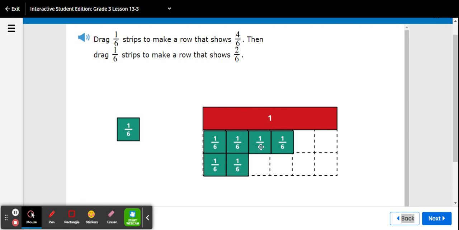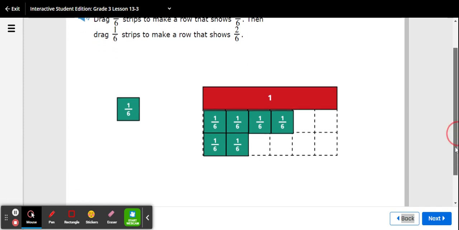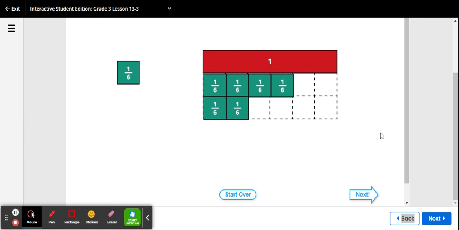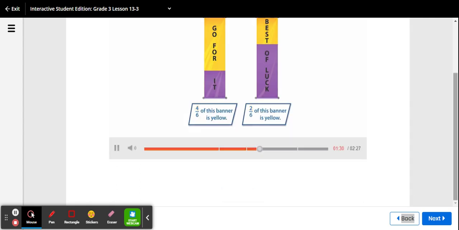I am only talking about 4 of those 6 right here, only talking about 2 of them right here, and it's easy to see that having 4 of them is greater than having 2 of them. I am able to compare those because they have the same number of parts, and they're equal parts because they're equal wholes.